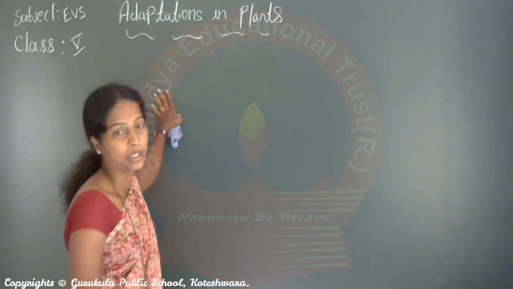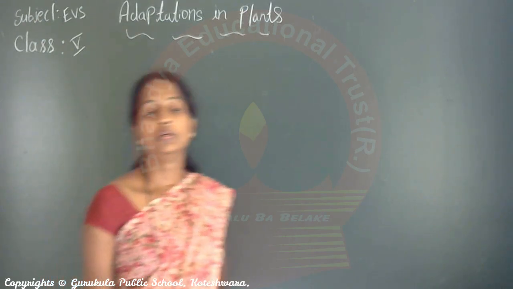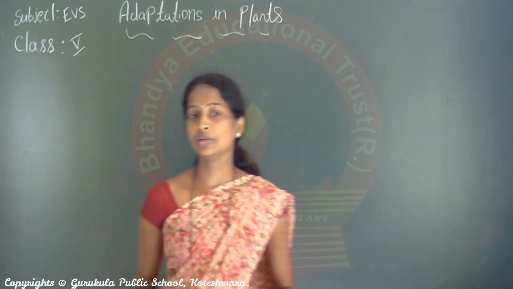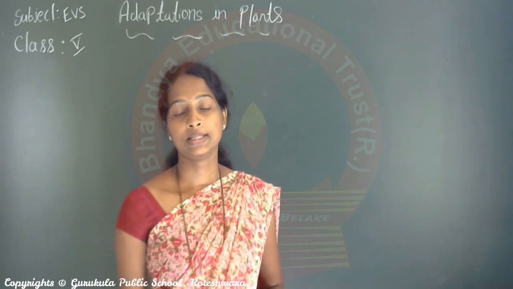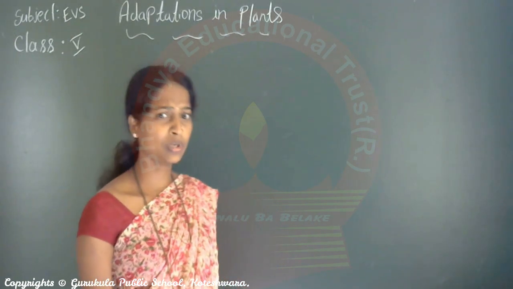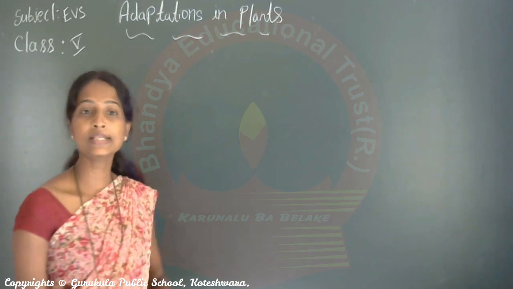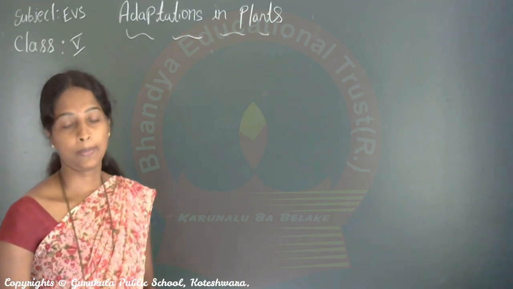We saw what adaptation is, and depending on their habitats or adaptation, we have seen different types of plants. One is aquatic plants and the second is terrestrial plants.